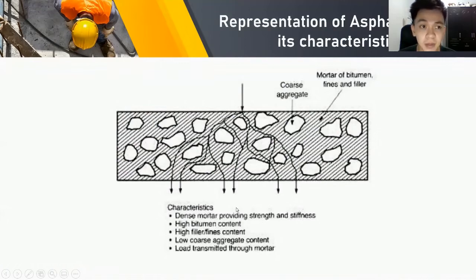High bitumen content, ibig sabihin, maraming bitumen dyan. High filler content. Yung filler nga pala, dyan yung maliliit na bato, maliliit na buhangin. So, low coarse aggregate content. Konti lang yung content ng aggregate natin. Tapos, transmitted through mortar.